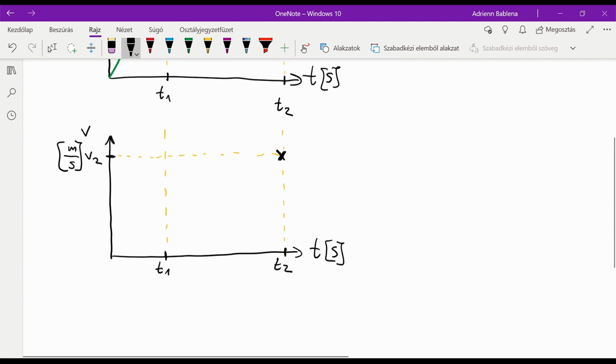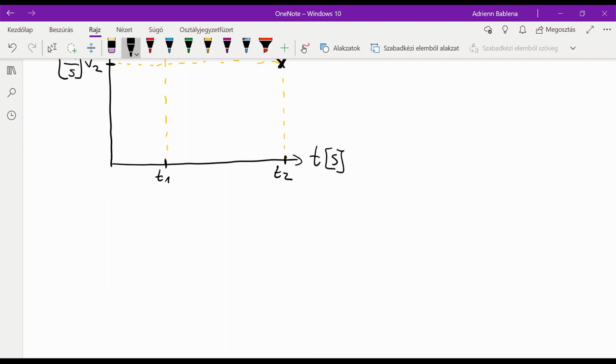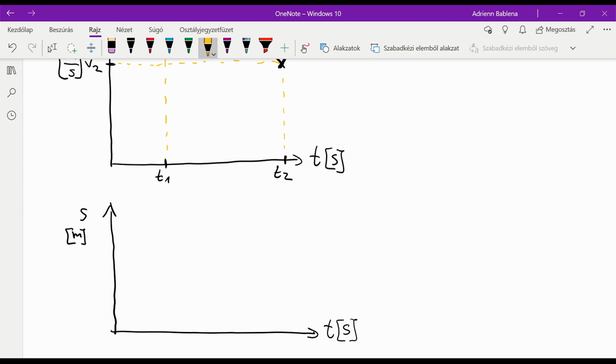And that's all, unfortunately. And we can draw a displacement coordinate system, an ST coordinate system. S in meters. T1, T2 also known.